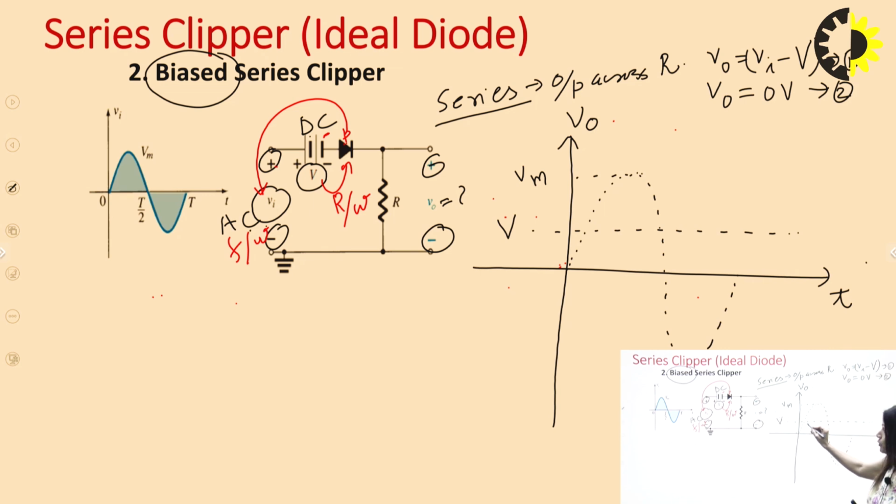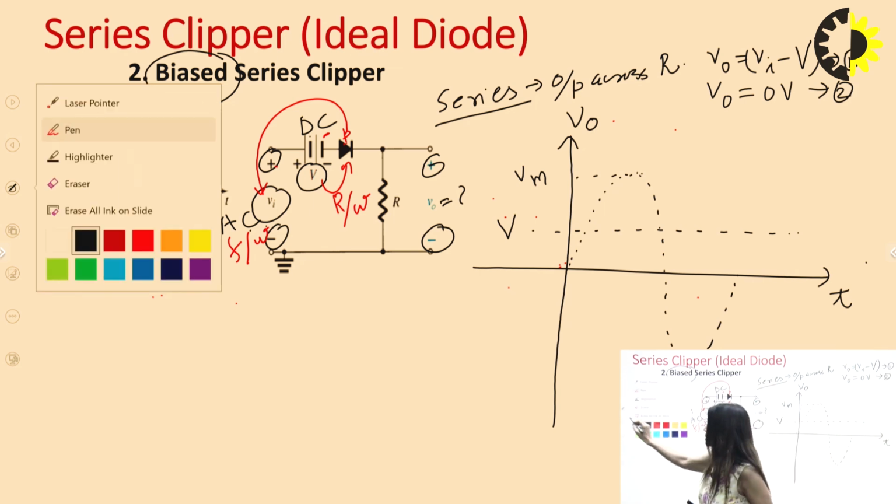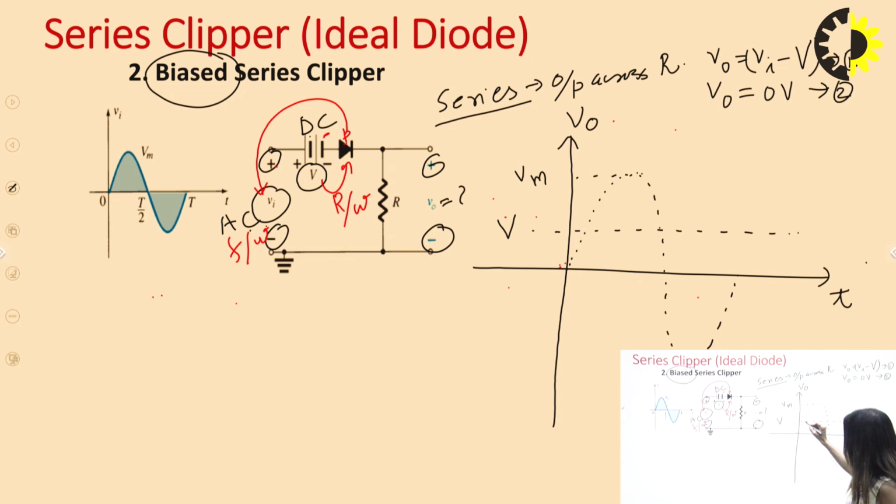When Vi is V, this point will come down by V. This point will also come down like this, and this point will come at Vm minus V, right? So that means we have 3 points, 1, 2 and 3, like this.